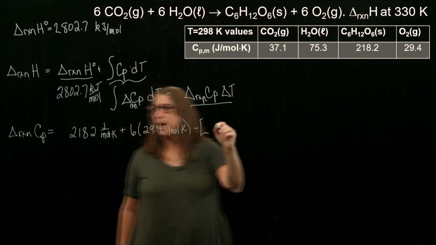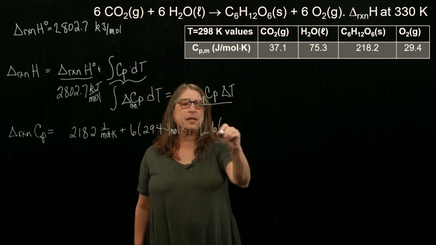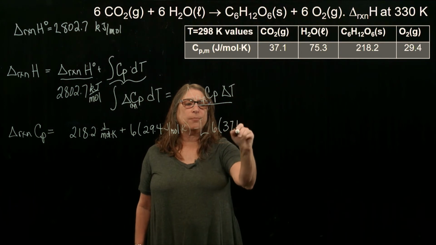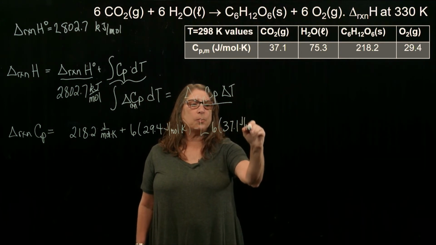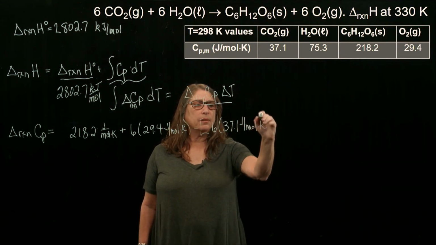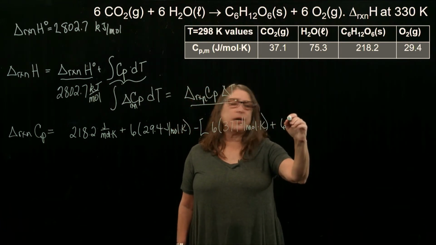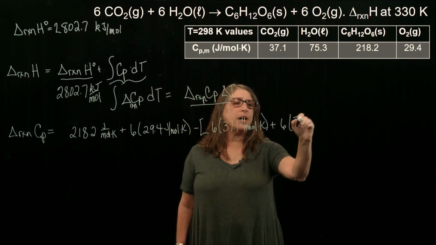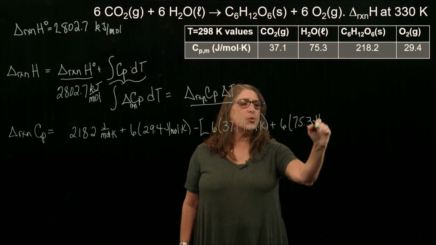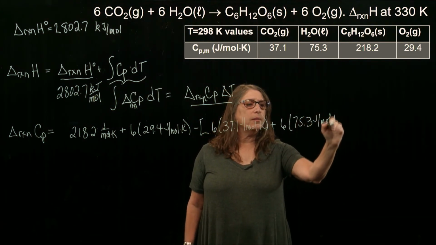And I'm going to subtract off 6 carbon dioxides, which is 37.1 joules per mole Kelvin. And to that, I'm going to add 6 times the value for water, which is 75.3 joules per mole Kelvin.